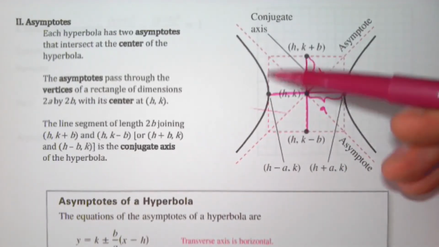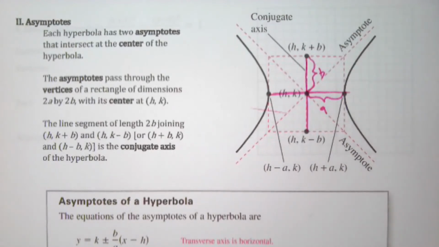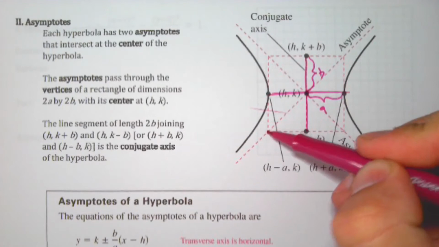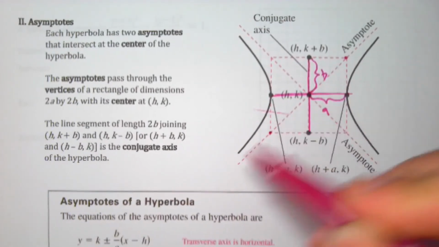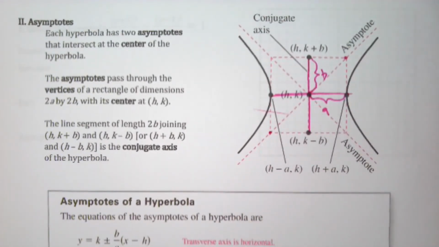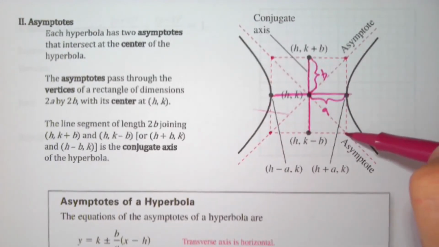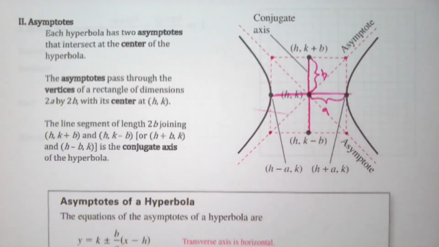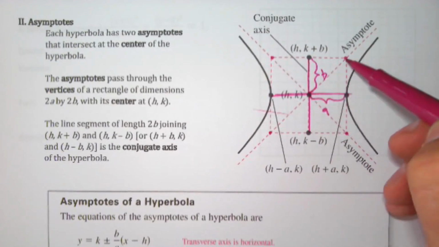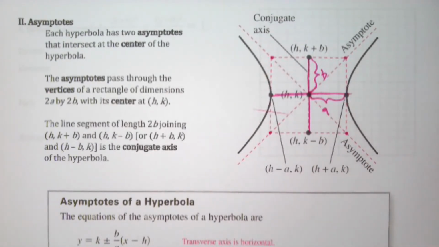And what that box gives us is the ability to have 2 separate asymptotes. One that goes through these 2 corners of the box and goes on forever, and then another that goes through these 2 corners of the box and goes on forever. Now you can view it as either 2 asymptotes that cross through those corners, or 4 asymptotes that all spawn from the center and go through their respective corner.